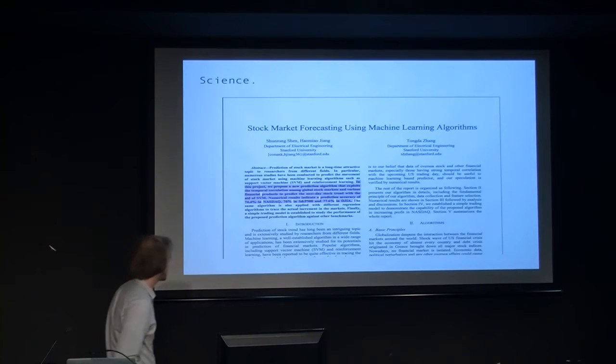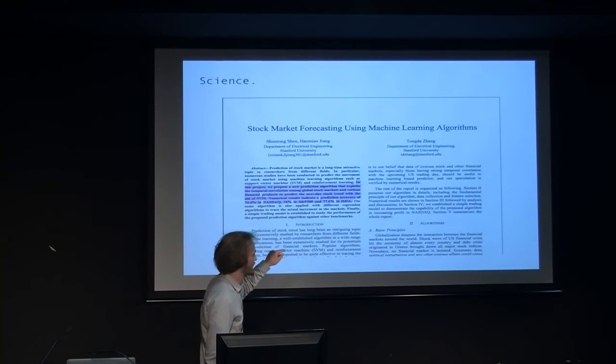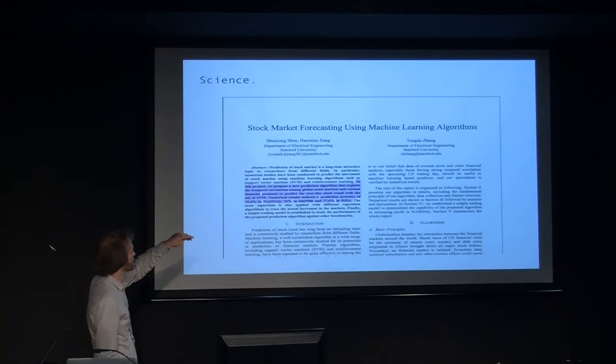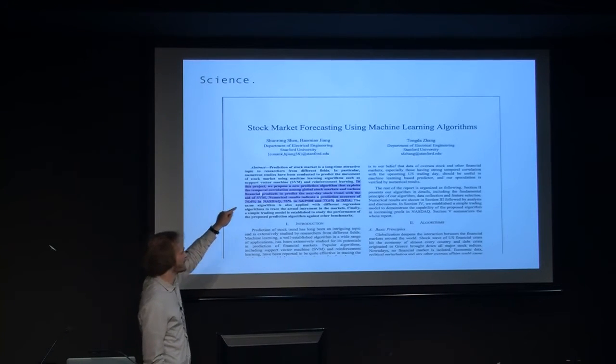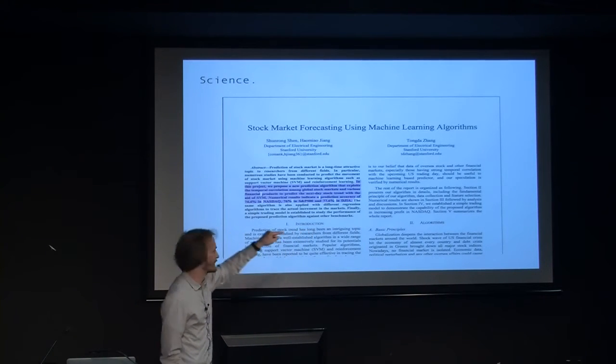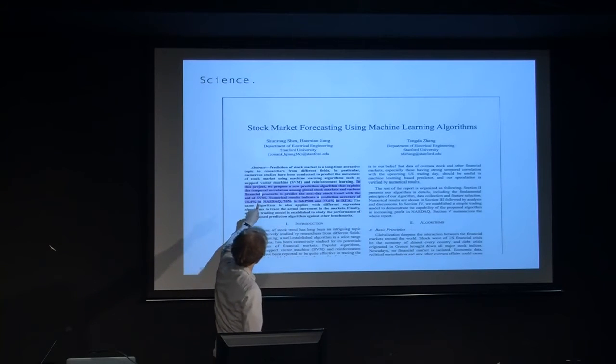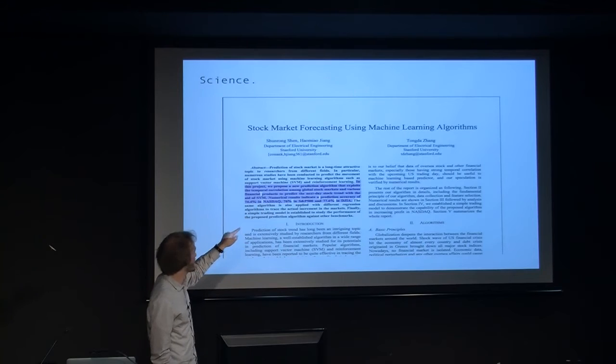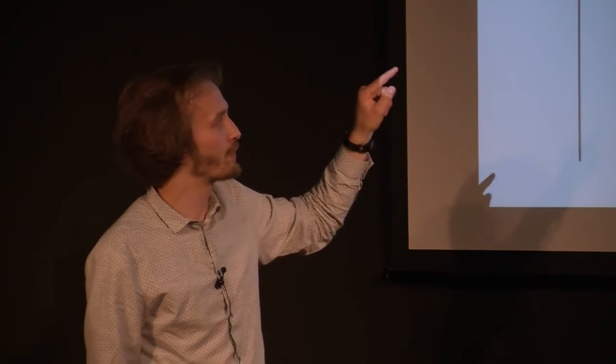That is the science part. It's a paper that was published just a few months ago from Stanford University, stock market forecasting using machine learning algorithms. Quoting, in this project we propose a new prediction algorithm that exploits a temporal correlation among global stock markets and various financial products to predict the next day's stock trend with the aid of SVM, support vector machines.